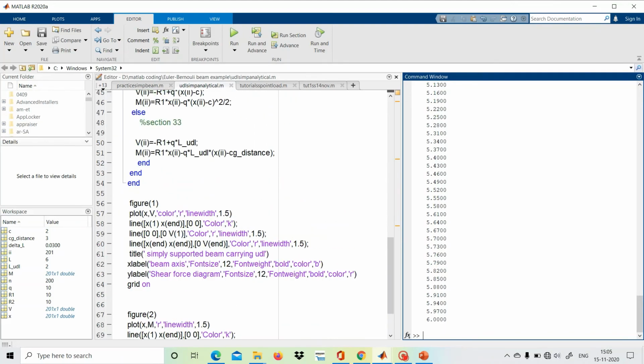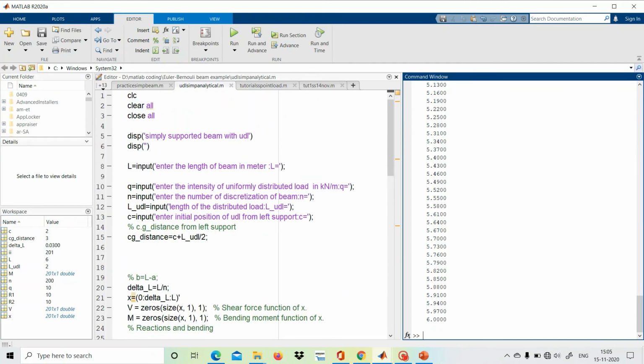In this lecture we have done the analytical solution by hand and also with MATLAB code. Now in the next lecture we will see the finite element method and how we will solve problems using finite elements.